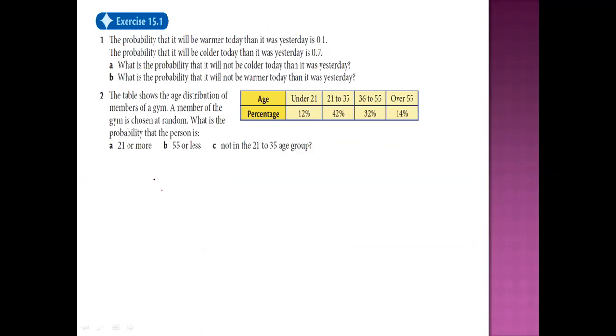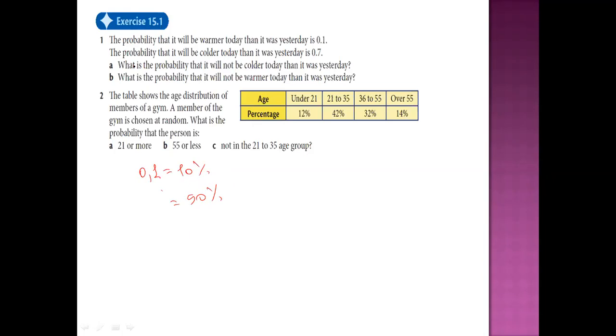So it is 0.1. In percentage form, how many percent? 10% exactly. It's a small probability, because we have 10% and the other is 90%. So it means today is not warmer than yesterday, okay?